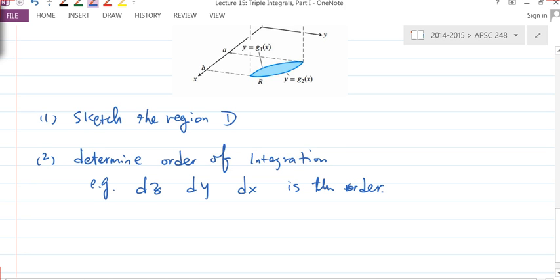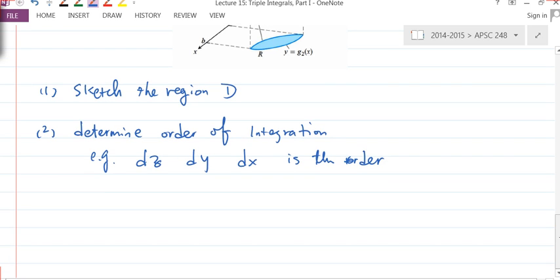Let's say I'll use this order to illustrate the process of scanning through the region D. Scanning through region D means you integrate over this region D. So if I want to integrate dz here, what do we do?